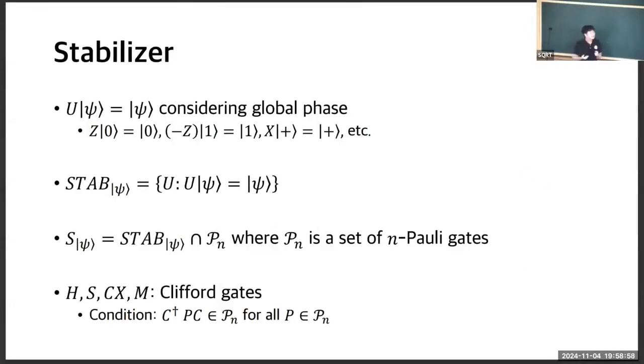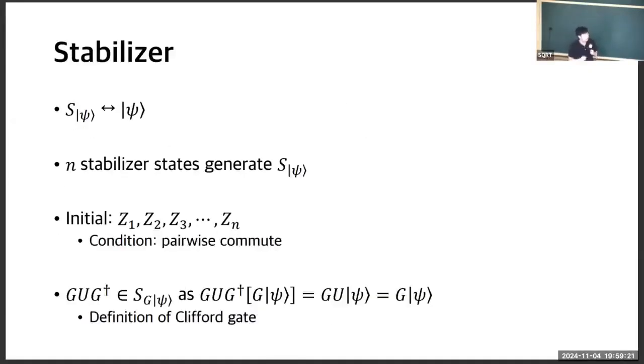And the set of stabilizers would be the set of stabilizers of that state. For our specific purpose, we restrict to the n-qubit Pauli gates here, and the Clifford gates are related to this S psi. So S psi and psi are one-to-one if the state is made from Clifford gates.